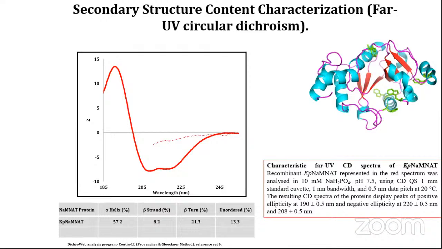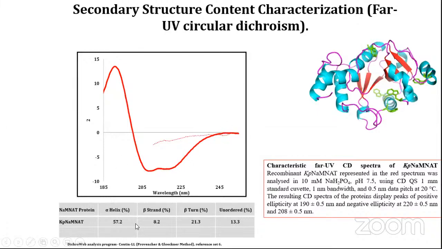So I further went to characterize the secondary structure to see what the secondary structural content of the protein is. I used far-UV circular dichroism, which measures the degree of right-handed and left-handed ellipticity of the backbones of the protein. From the spectrum we have here, we can see a peak at 190 nanometers and troughs at 220 and 208 nanometers, which are an indication that the protein has more alpha helix.